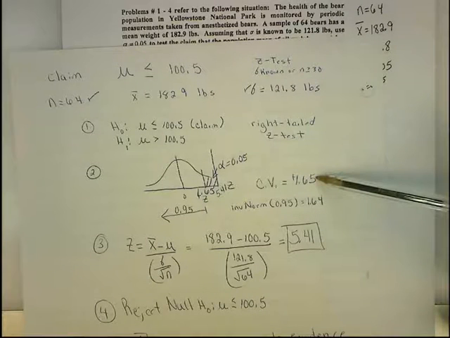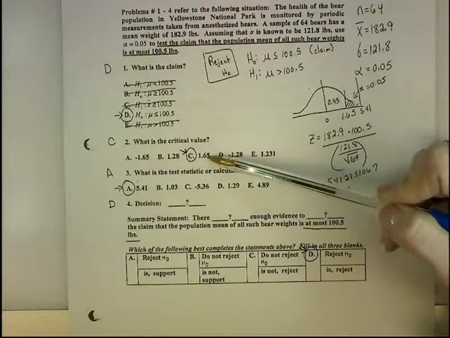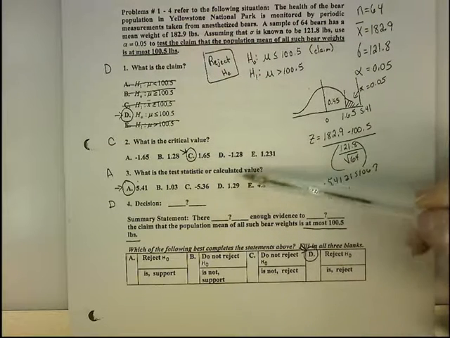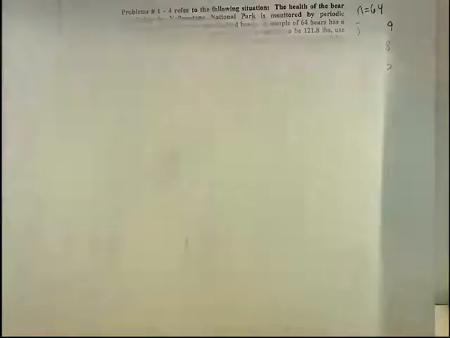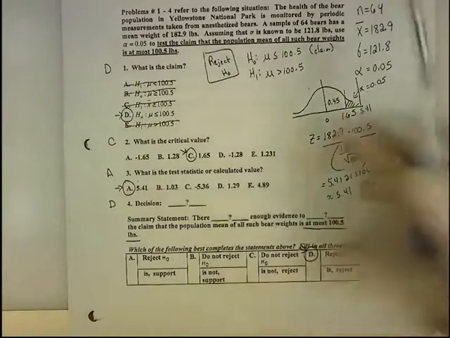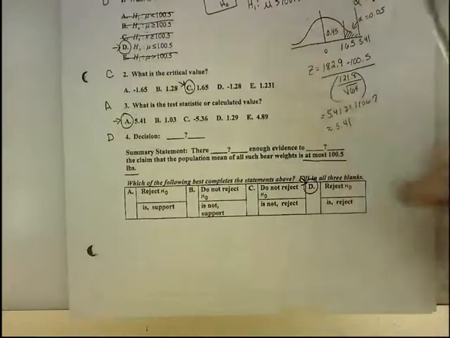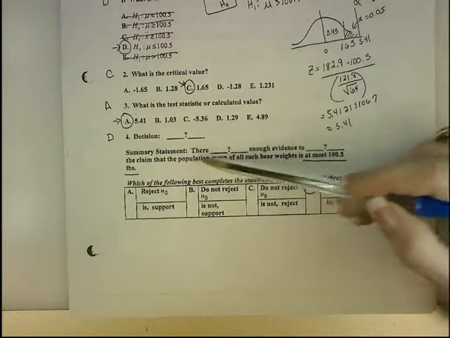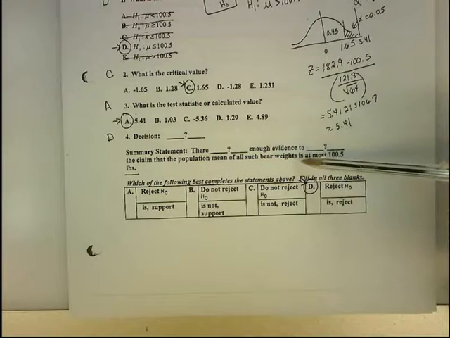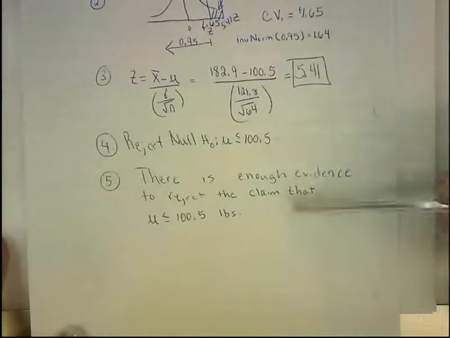The critical value is 1.65, and that is C. What is the test statistic or calculated value? We did that here, and it's 5.41. What is the decision? Reject the null. There is enough evidence to reject the claim that the population mean of all such bear weights is at most 100.5 pounds. The answer is D, and we answered that in steps 4 and 5.